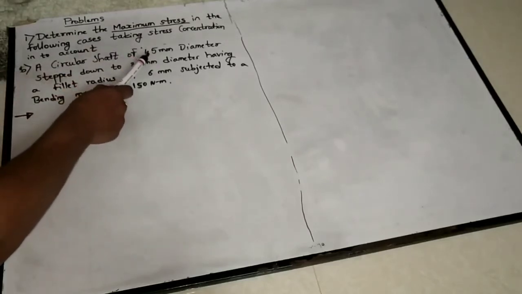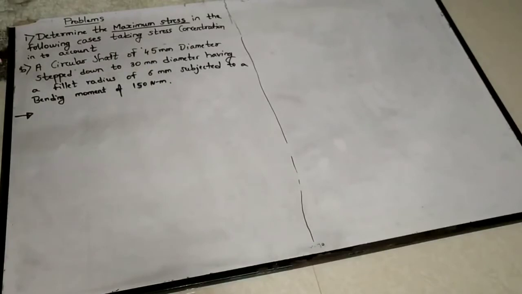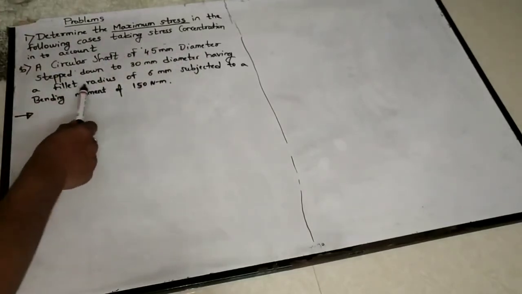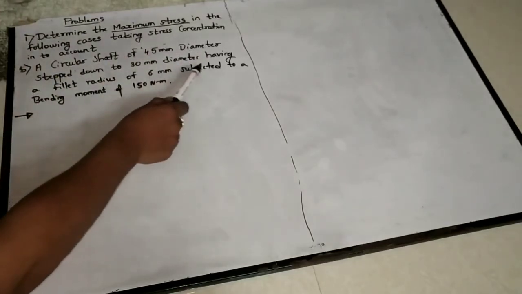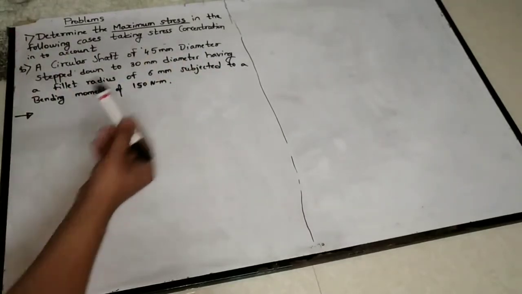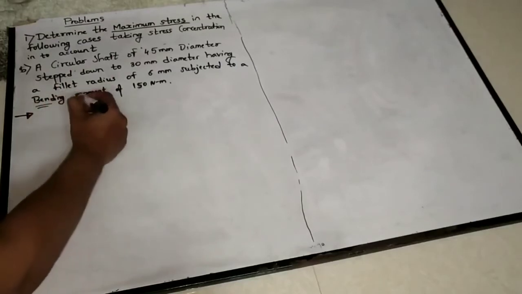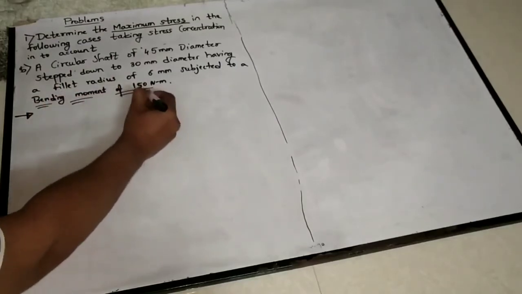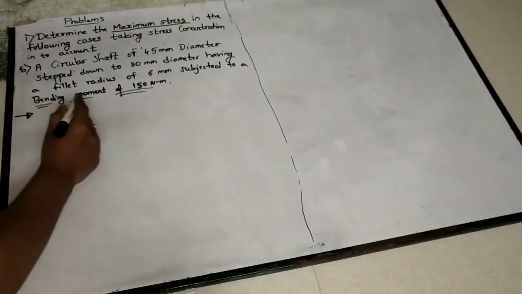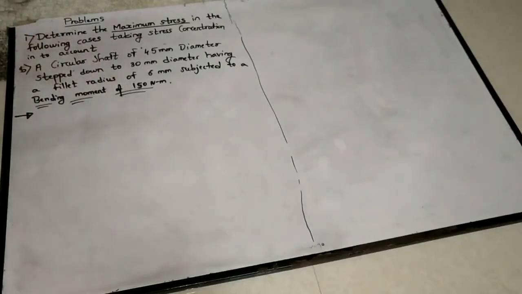A circular shaft of 45 mm diameter stepped down to 30 mm diameter, having a fillet radius of 6 mm, subjected to a bending moment of 150 Newton meter. So in the previous problem that was a simple tension problem. This is a bending moment problem. Okay.